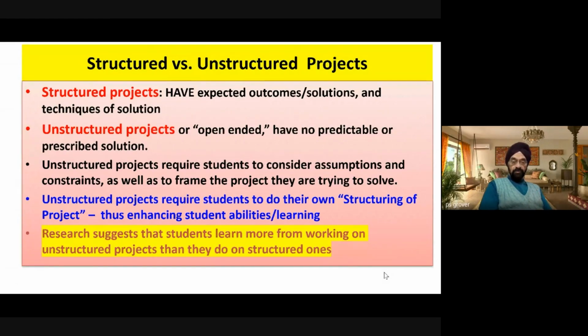It all depends upon the type of project that the instructor or teacher wants to give them. Here, the challenge is that the student is learning these things by himself or herself. Research suggests that students learn more from working on unstructured projects than they do on structured ones.